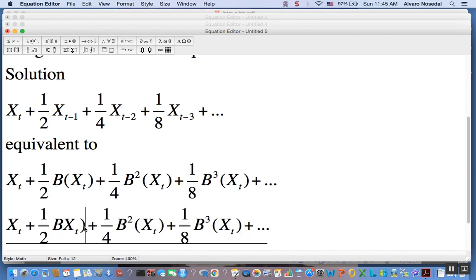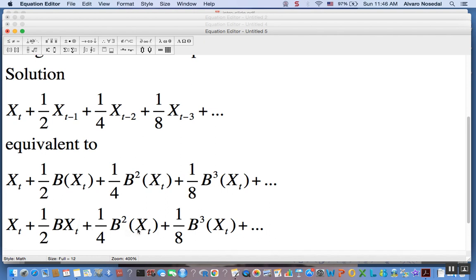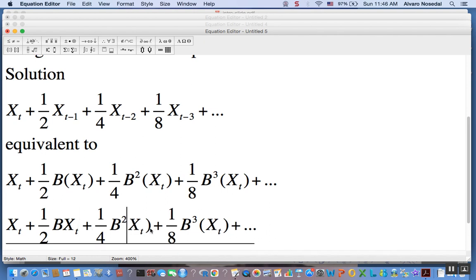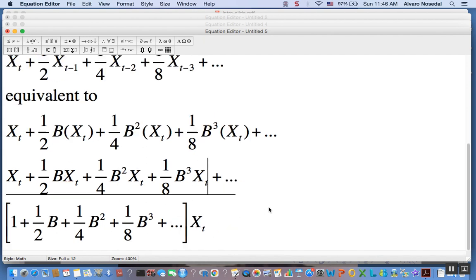We know that B is an operator, so B is applied to x_t, but you will be writing this down like that. Okay? So we have factored out that x_t. So what we can see is we have this expression here, 1 plus 1/2 B plus 1/4 B squared plus 1/8 B cubed, and so on. Okay.